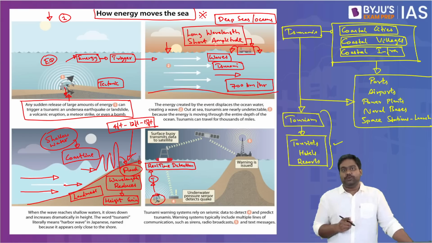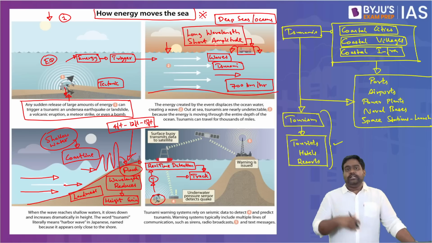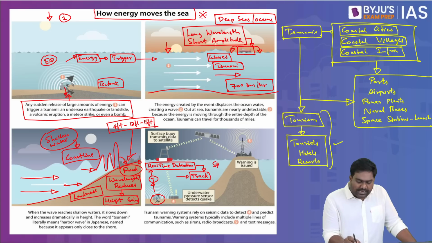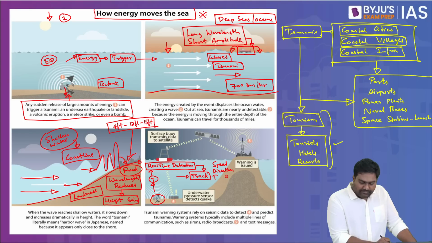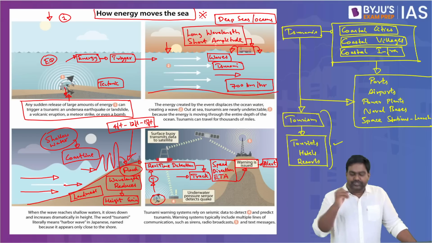Real-time detection is possible, and we can track the movement of the wave and estimate the speed, the direction, and its time of arrival. We can give the ETA as well, and accordingly, a real-time alert or warning can be issued in the coastal areas.